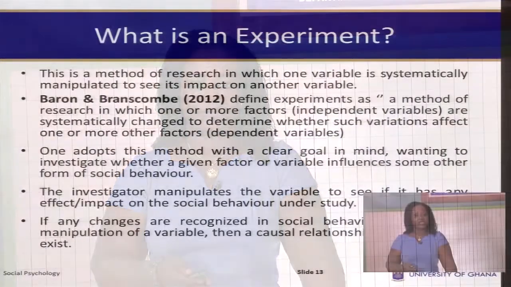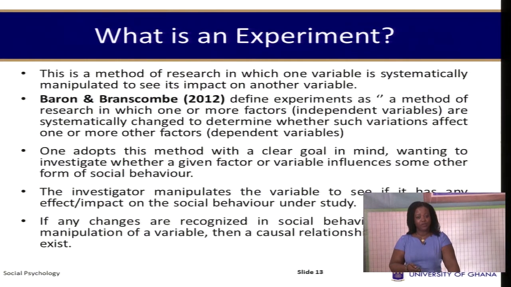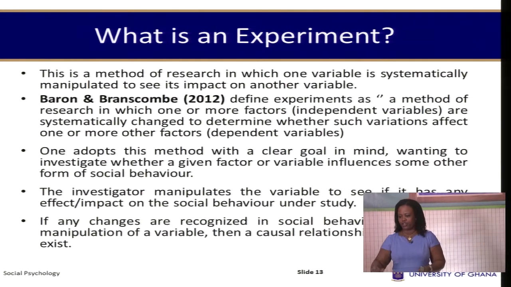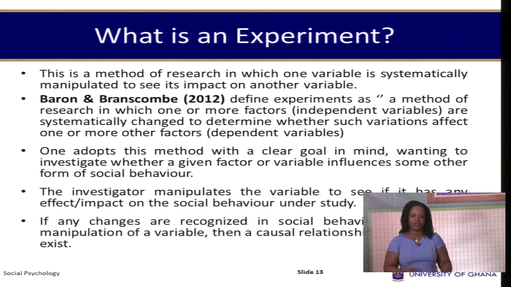Then we talk of the experimental research. What is this? How is it done? How do we interpret findings? With experiments, we manipulate. You take one phenomenon and manipulate it to see if it will result in a change in another phenomenon.